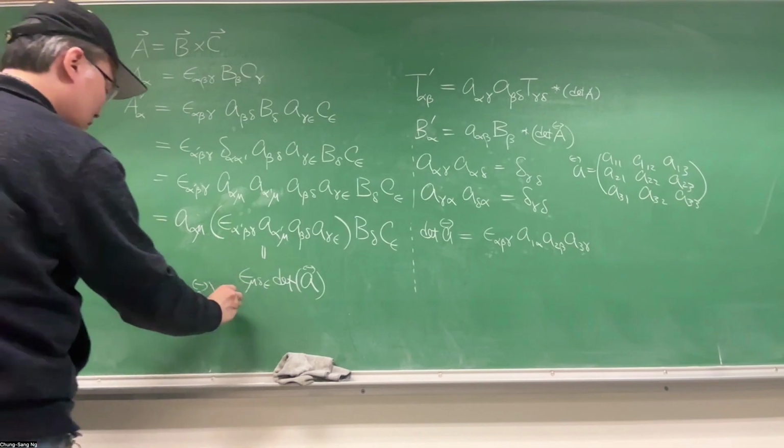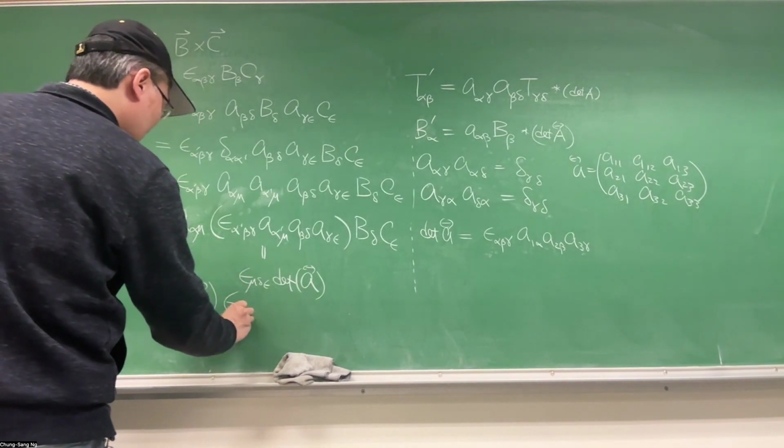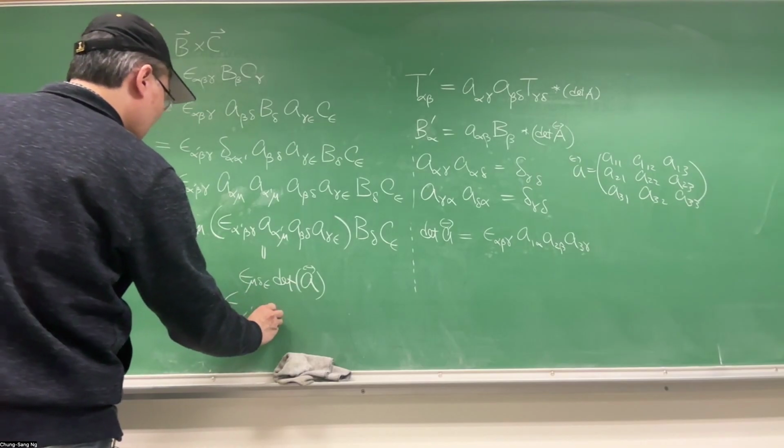So finally we have a determinant A. We're getting close. We just need to write the rest, alpha prime beta gamma.